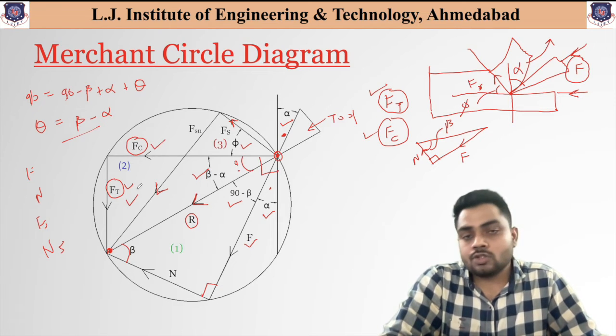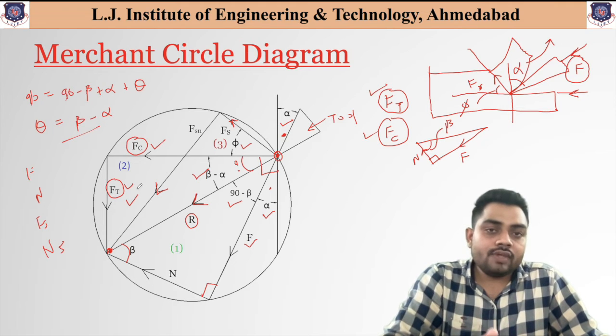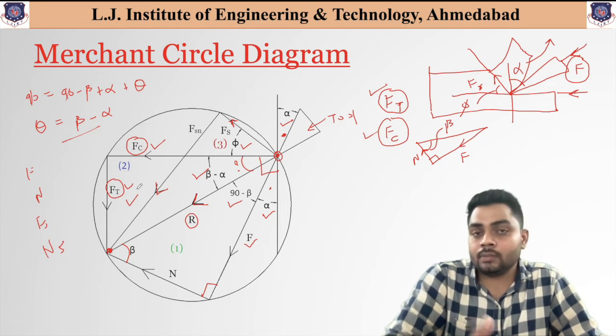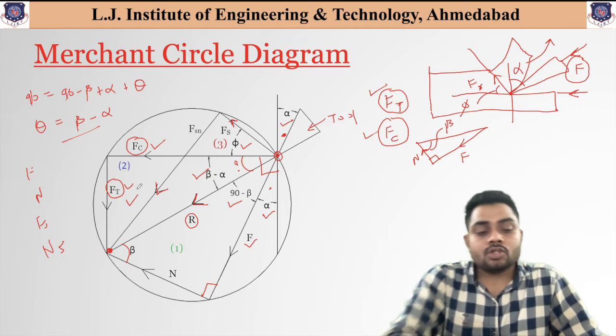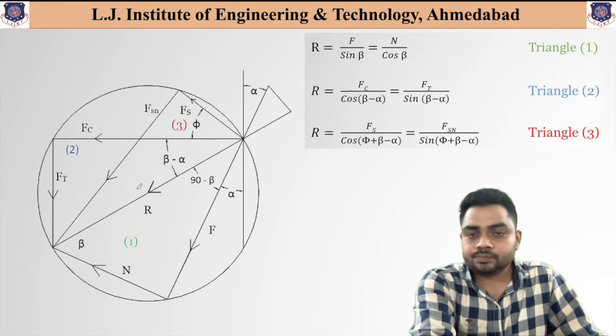So using this diagram, we can compare the measurable forces and actual forces, and get exactly the data required for our particular machining operations. These are the notations that we have used in our overall diagram, so you can go through this.